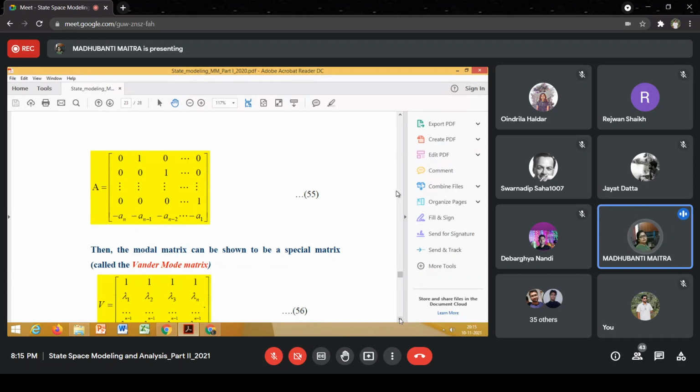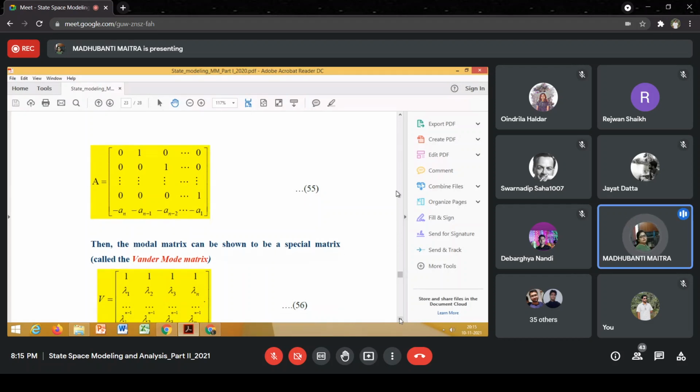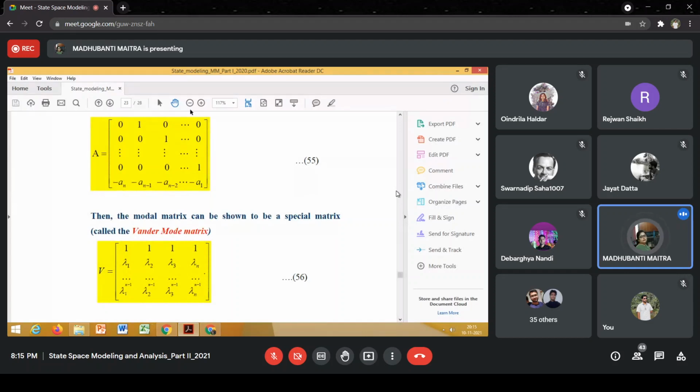So the system matrix is represented in Bush form or companion form. Then for this particular matrix, there is a special modal matrix which is called the Vandermonde matrix.